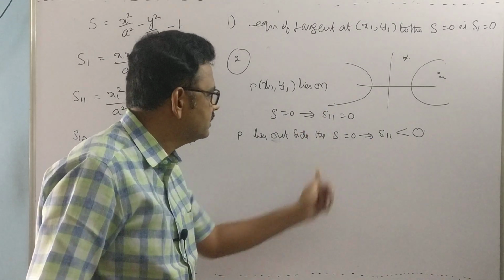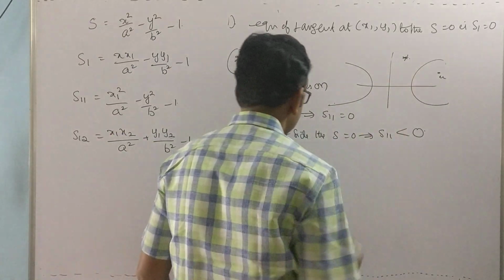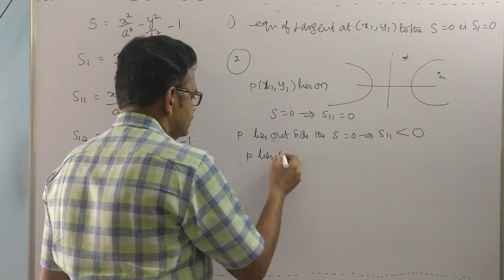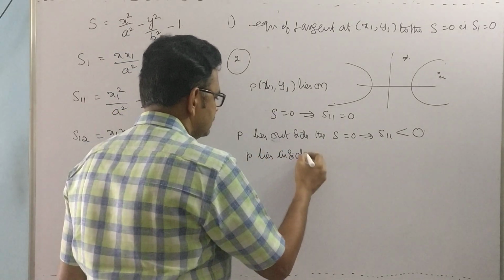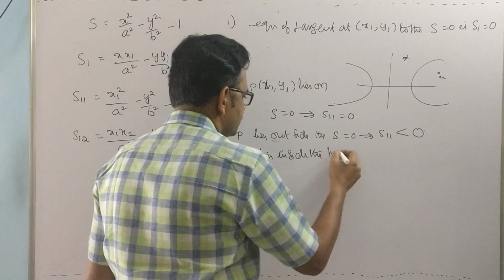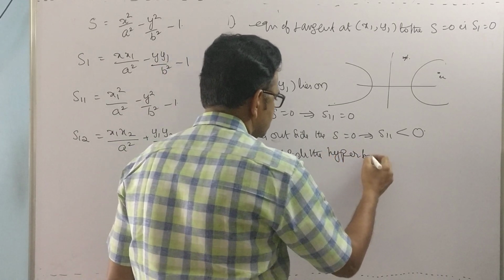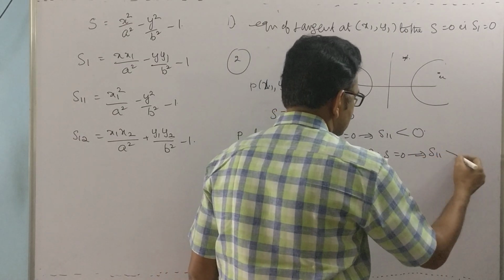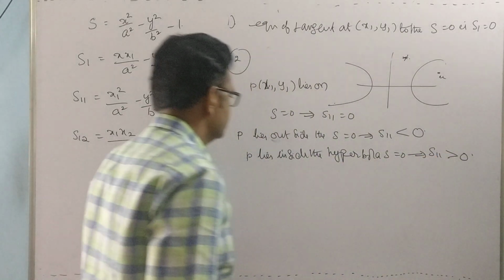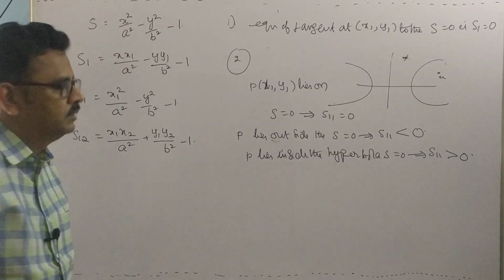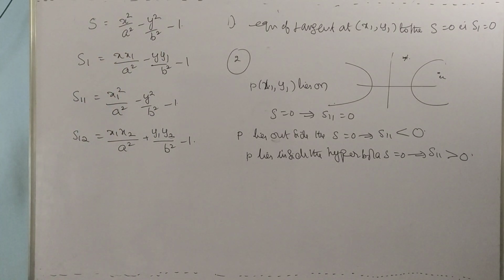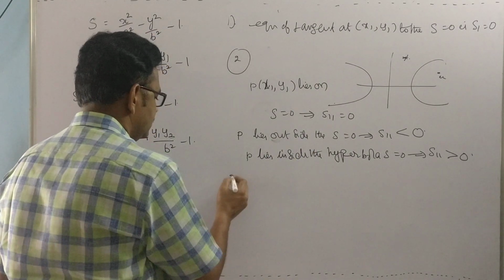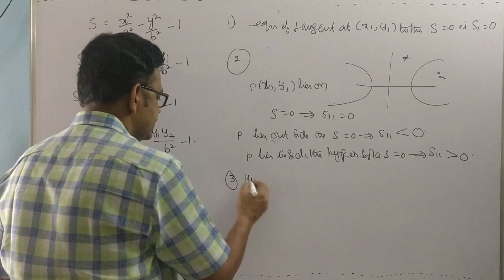But in this case, S11 is less than 0. P lies inside the hyperbola S equal to 0 implies S11 is greater than 0. And the equation of tangent is S1 equal to 0.